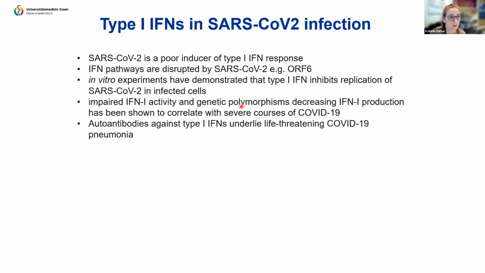Maybe you have already heard that in life-threatening COVID-19, especially in patients with very severe disease, up to 30% of those patients have autoantibodies against type 1 interferons. This is something we can also see in hepatitis B virus patients, who develop antibodies against type 1 interferons.